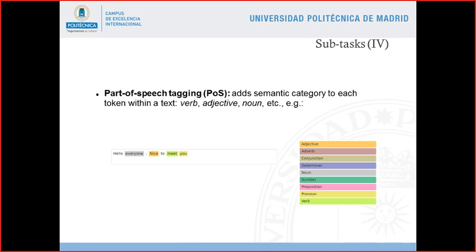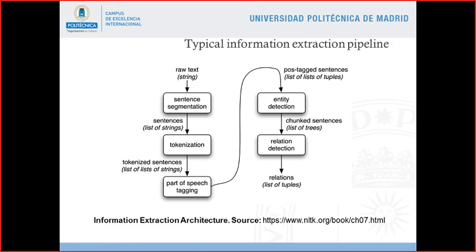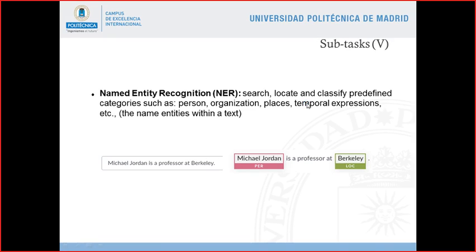Once we have the part of speech tagging, we want to detect the entities. We perform so-called named entity recognition. Here we want to search, locate, and classify predefined categories. As we said, in part of speech, we cannot predefine these categories, but in named entity recognition, we can.